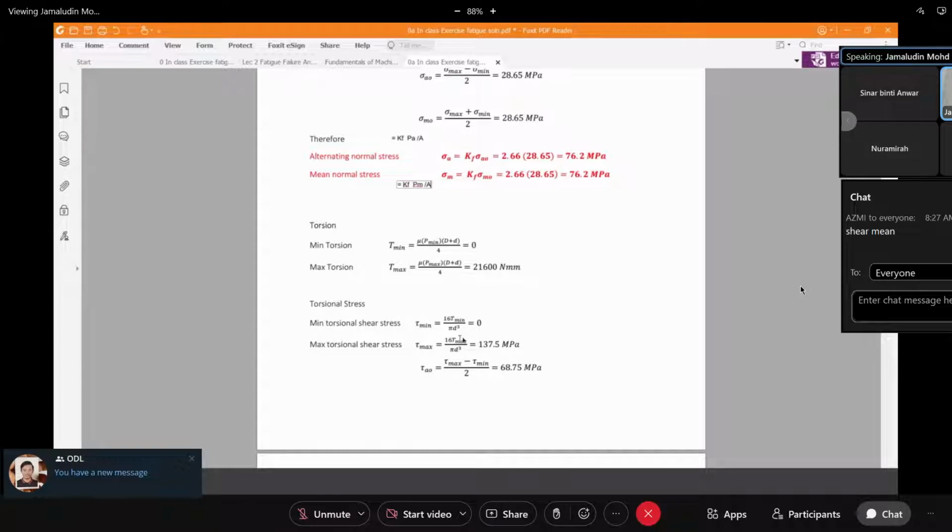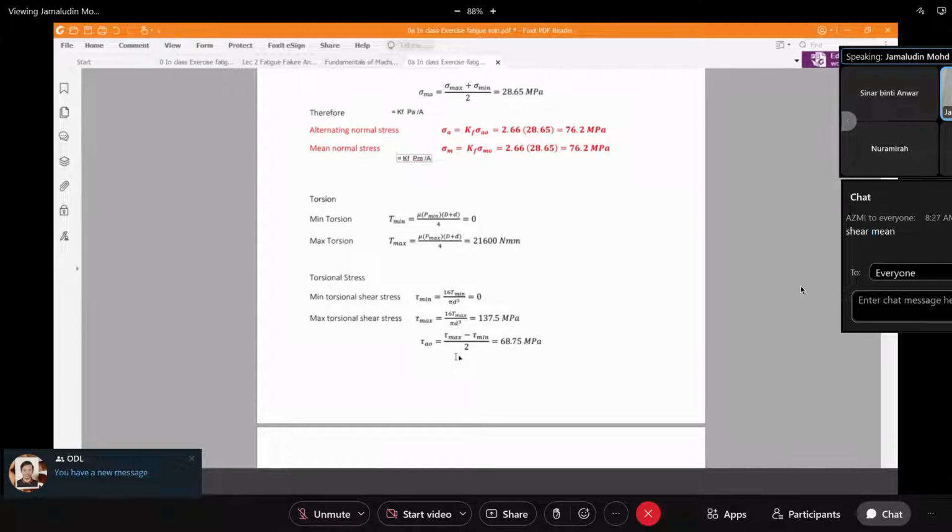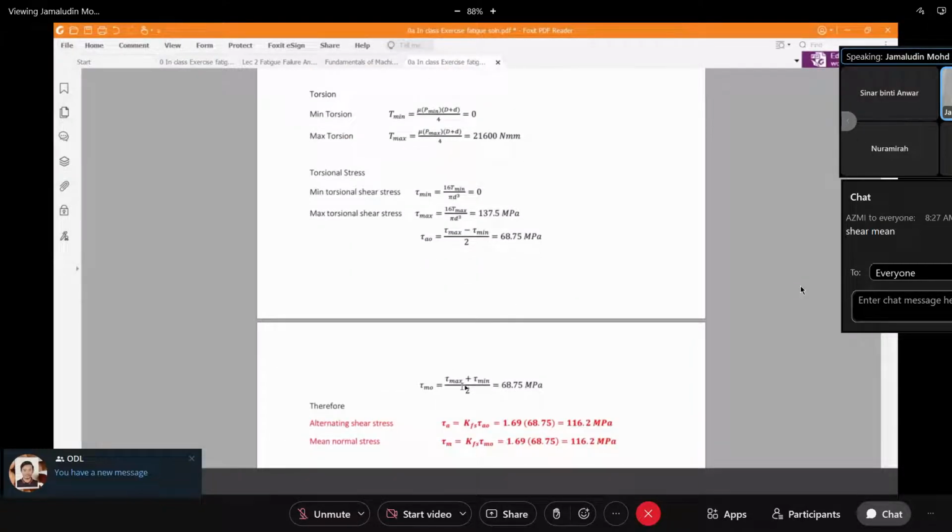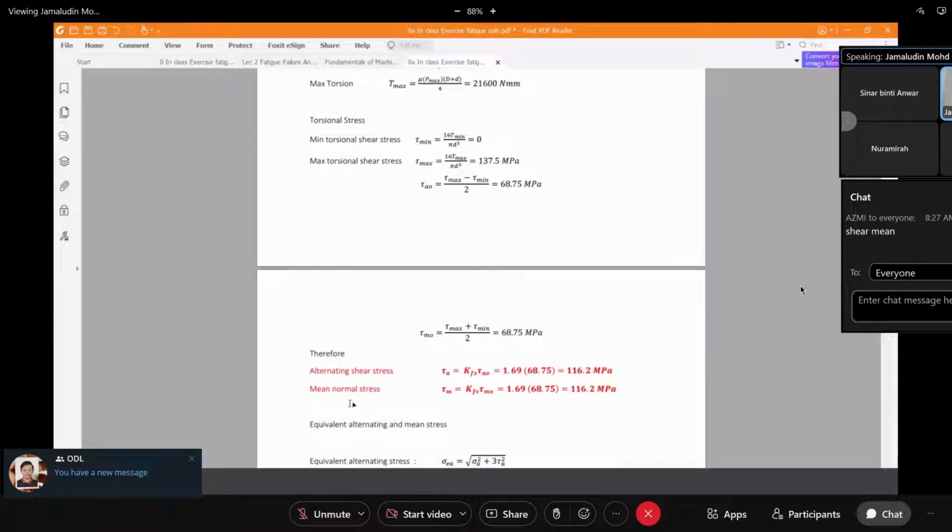Then the shear mean will be equal to 0. Shear max will be 137 nominal. Then we get the nominal alternating and the nominal mean. It should be the same as when you do it this way. This will be KFS 16, right? 16, you insert the value on top, and 9 is alternating, right?